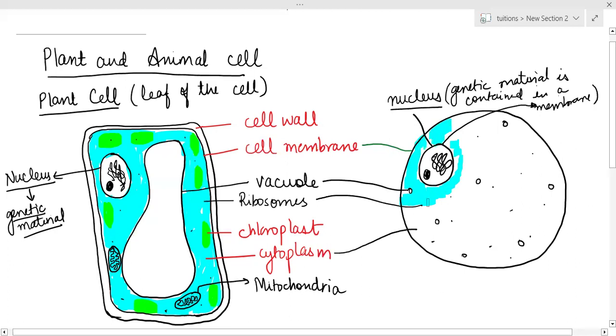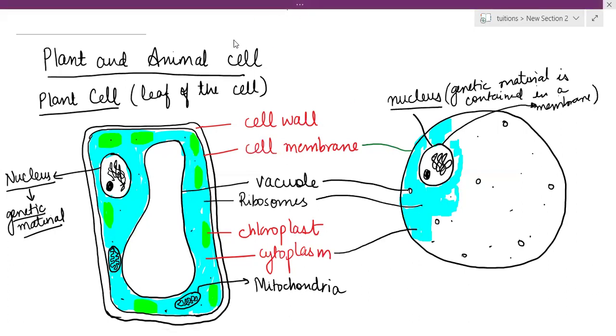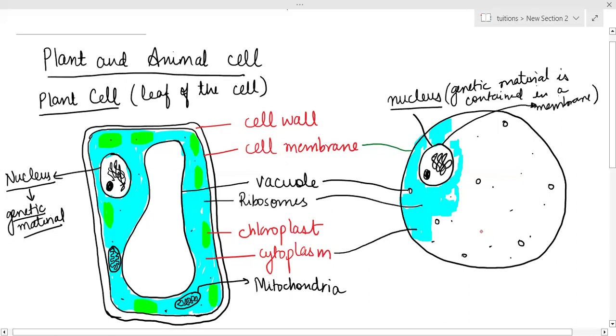Just for your understanding, this particular blue part, the whole thing, is the cytoplasm wherein all the organelles are bathing and all the metabolic reactions are carried out. And even the animal cell has these organelles known as mitochondria.